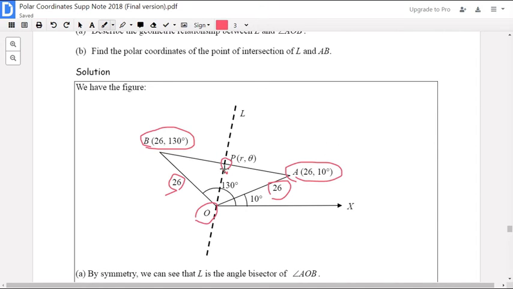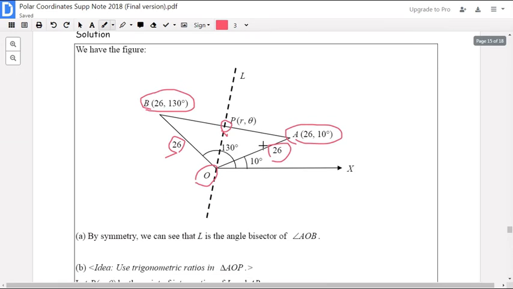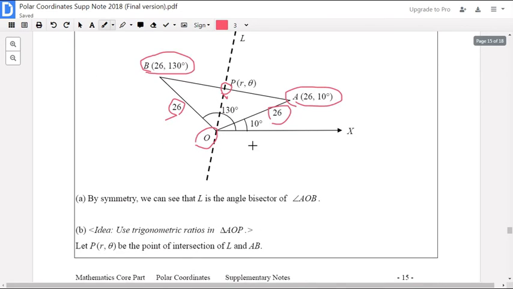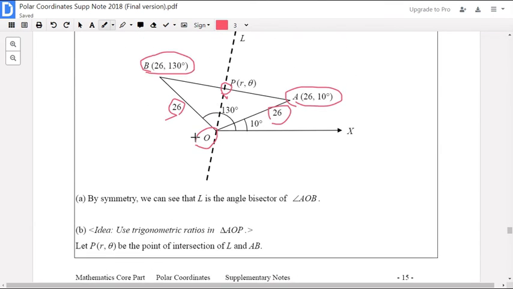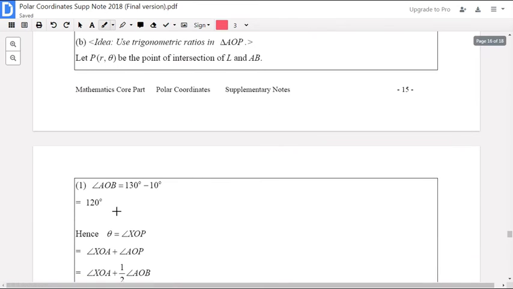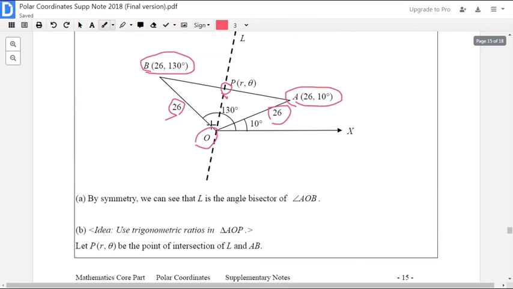Now, I want to find the polar coordinates of P, that is the point of intersection of L and AB. Let P(r, theta) be the point of intersection of the line L and AB. Now we can see that angle AOB is 130 minus 10, which is 120. This angle shaded in red is 120 only.